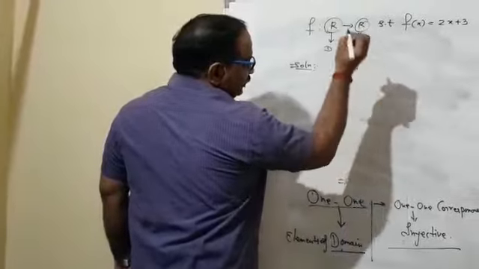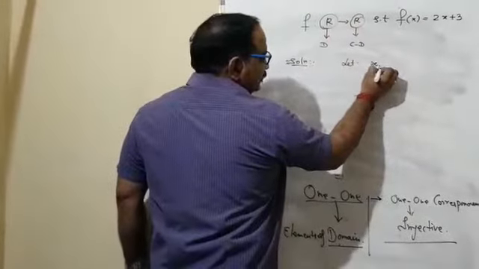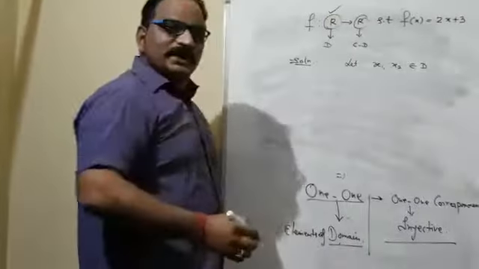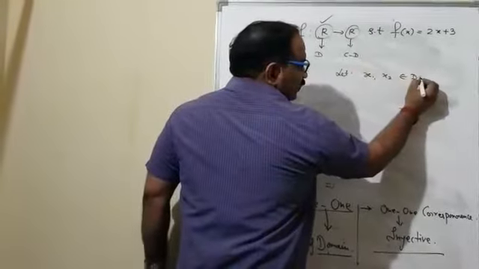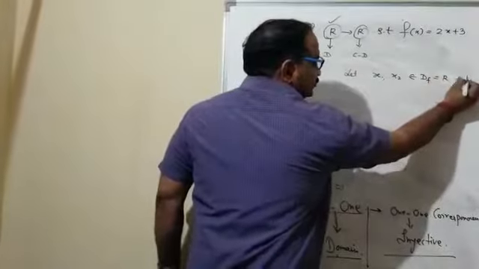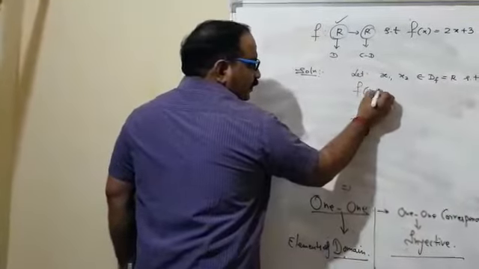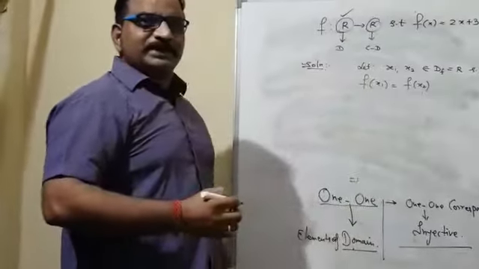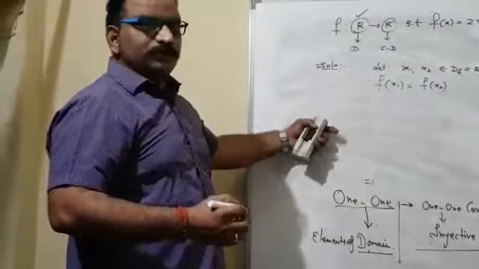I should take two elements x1 and x2 from the domain side, and this time the domain is R. We should write that x1, x2 belong to R such that f(x1) equals f(x2). I would like to use the second definition: images are same, and by virtue of that we proceed.